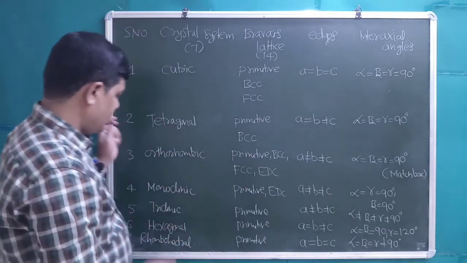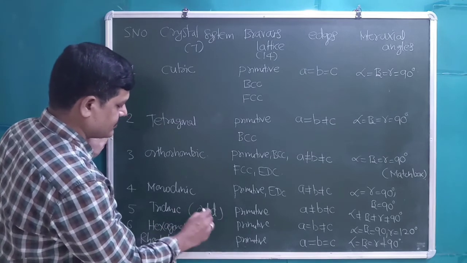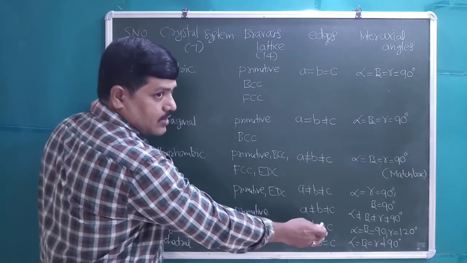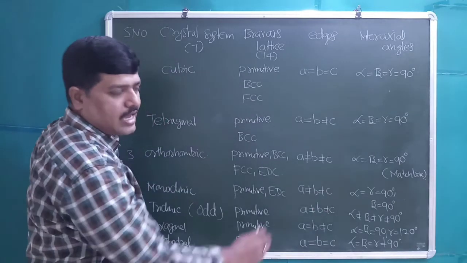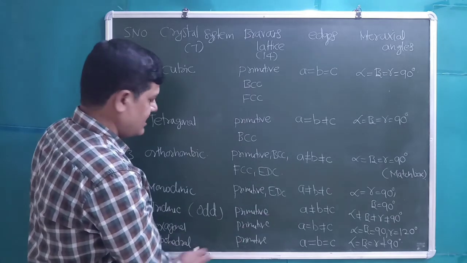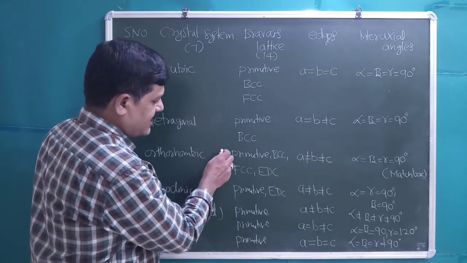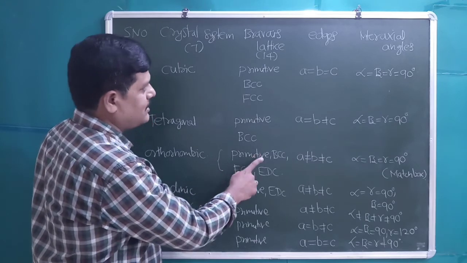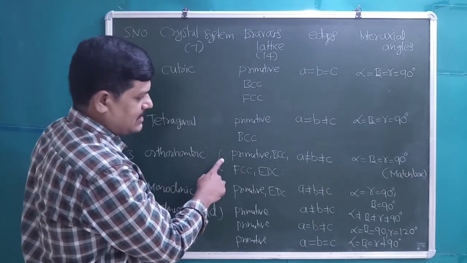Among these, triclinic is known as the most odd crystal system because A not equal to B not equal to C, alpha not equal to beta not equal to gamma, which is not equal to 90, and orthorhombic has the maximum possible variations. 4 different Bravais lattices are in the orthorhombic crystal system.